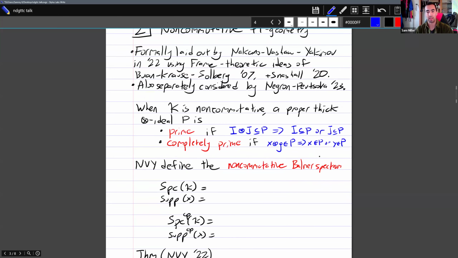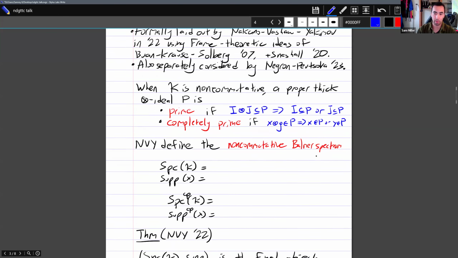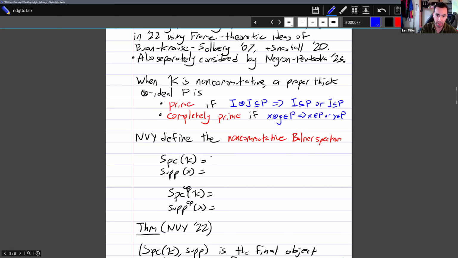So Nakano, Vashaw, Yakimov defined the non-commutative Balmer spectrum to be the collection of primes. And the support is defined the same way as before.